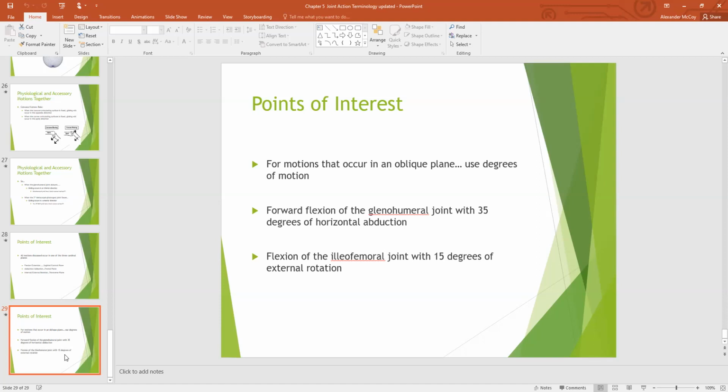Flexion of the iliofemoral joint. So guess what? That's your hip. So flexion means that we went from standing straight up to putting our weight on one leg and bringing the other knee up, or other leg up, to about 90 degrees. And then we have 15 degrees of external rotation.